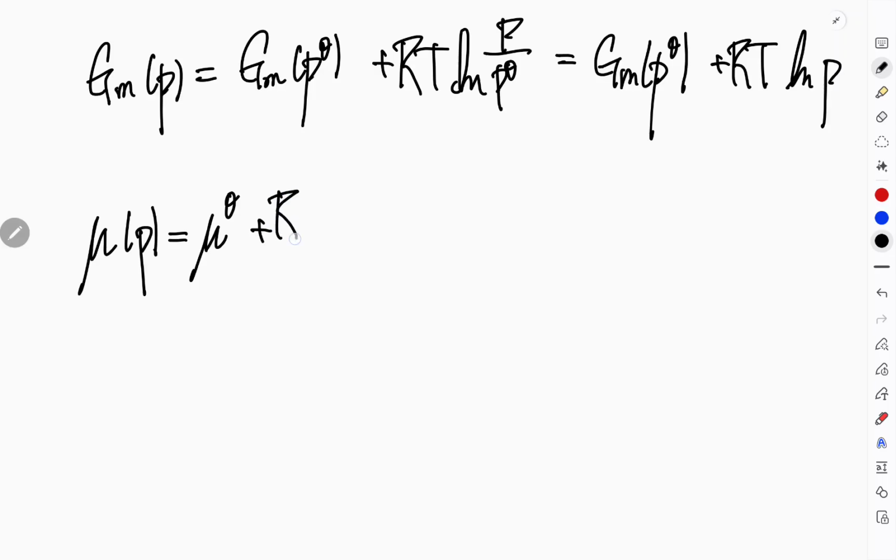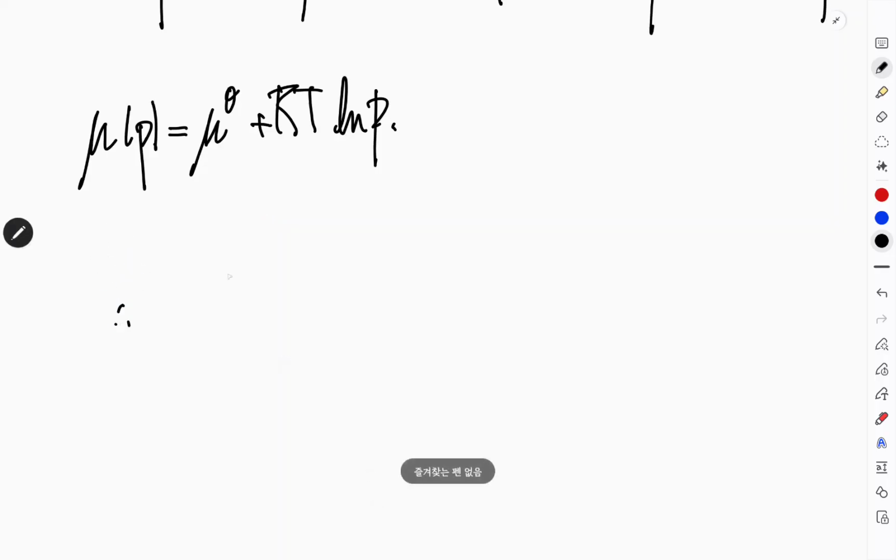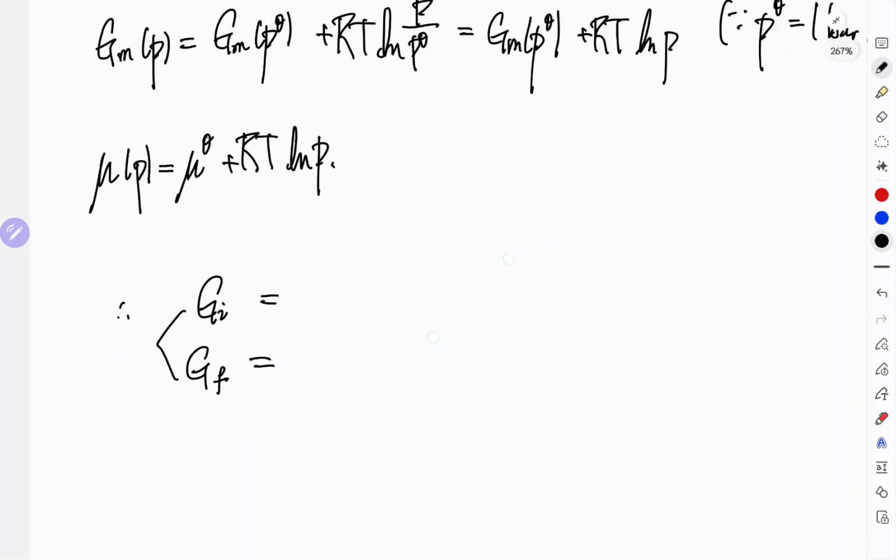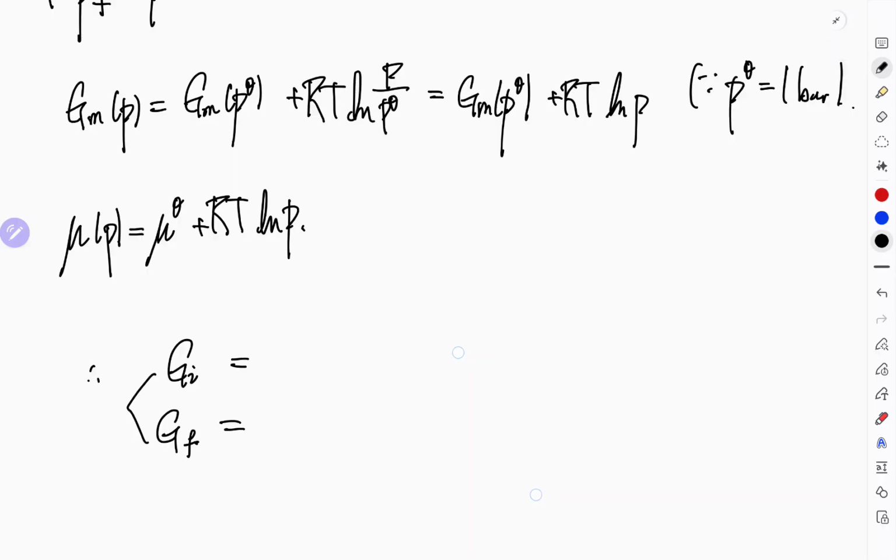So let's get back to the mixing process. We are going to calculate the Gibbs energy for the initial state and the Gibbs energy for the final state. So this energy for the initial state is, in the picture, this is the initial state.